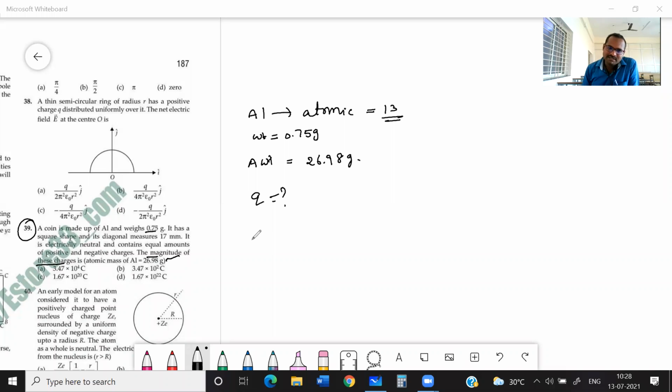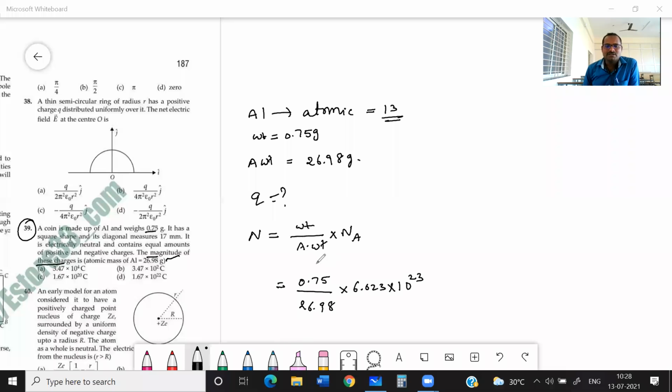Yes, you know the formula: number of atoms is equal to weight by gram atomic weight into Avogadro number. Means this many atoms will be there. Weight is given as 0.75 grams and atomic weight is 26.98, and Avogadro number is 6.023 into 10 to the power of 23.